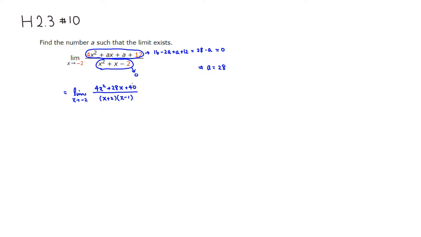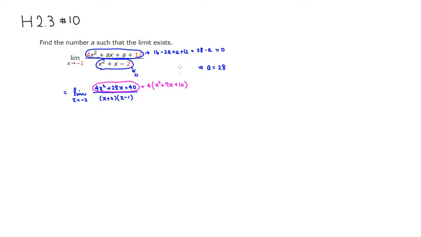Let's simplify the numerator here. Everything seems to have a 4 in it, so I'm going to factor out 4. Then we have x squared plus 7x plus 10.